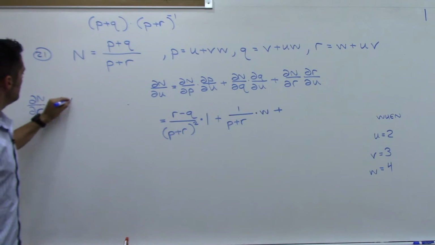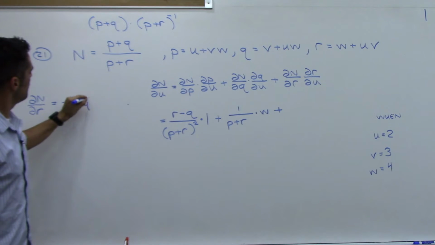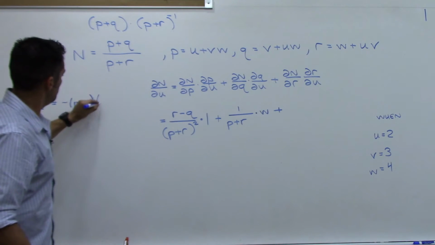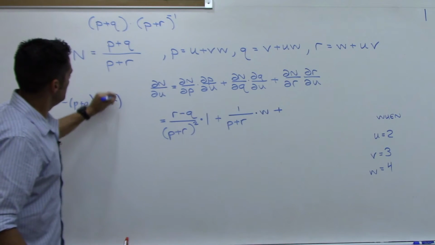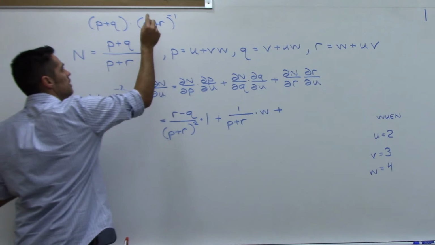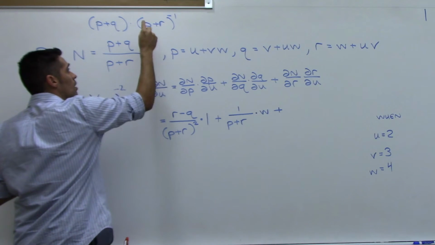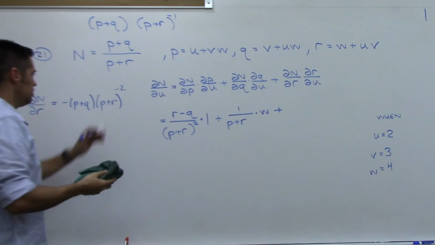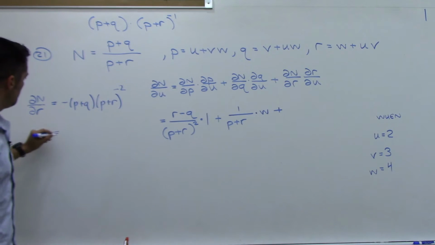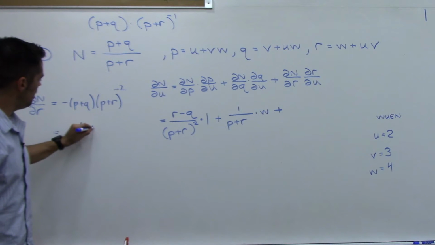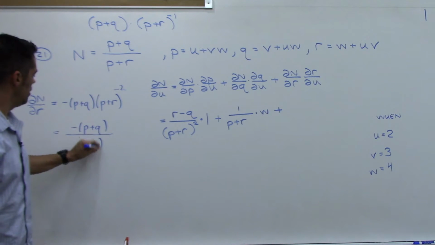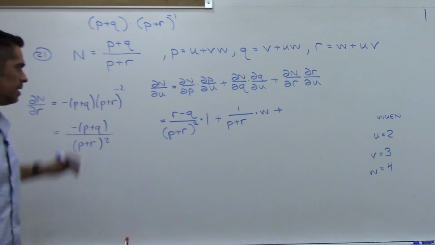I'll put it in front of the P plus Q. And then it's this right here, P plus R. Subtract 1 from the power because you took the derivative. Then take the derivative of the inside with respect to R. So we get 0 plus 1. So just times 1 on the end. And this is just negative P plus Q over P plus R squared, just dropping that down.